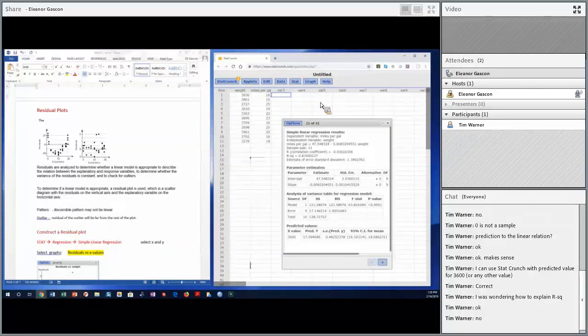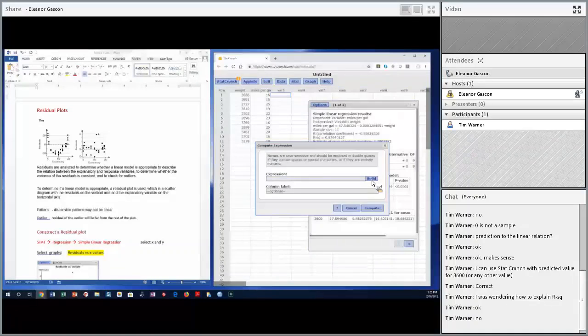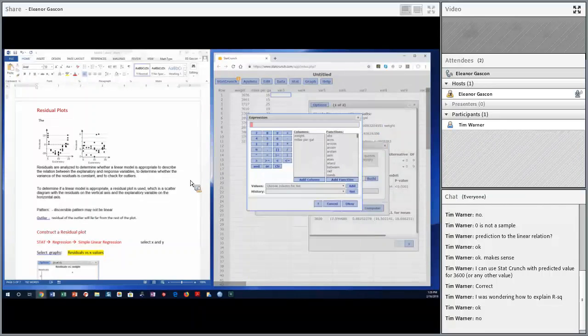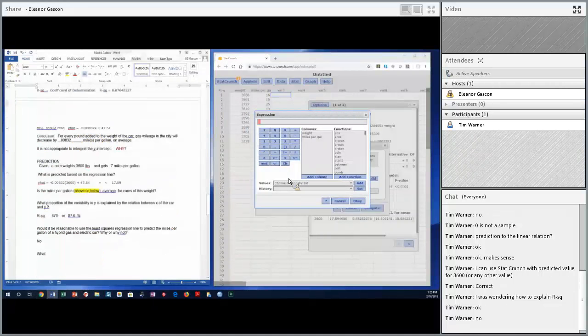For example, let me see if I can do this in StatCrunch. I go to Data, Compute, Expression, and I'll build an expression. I need my formula.